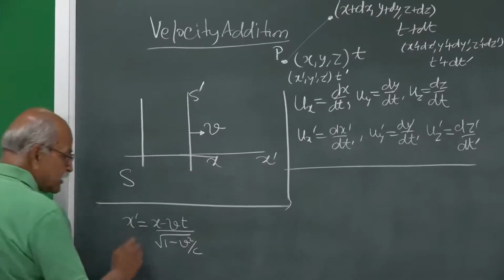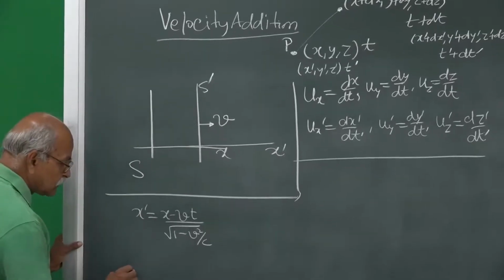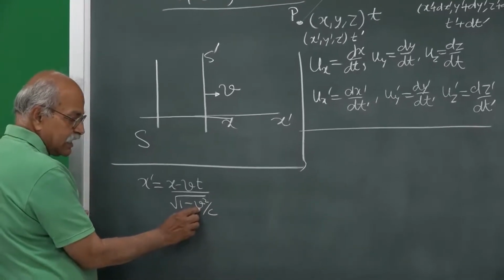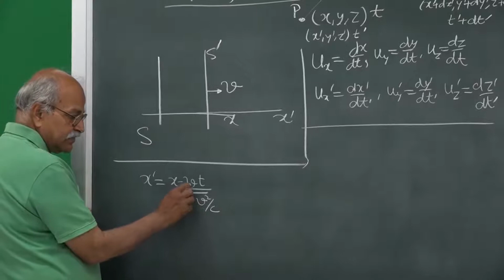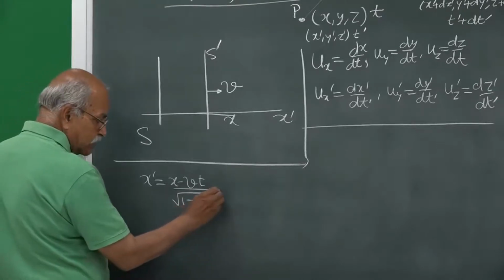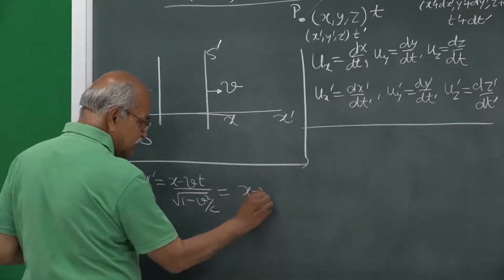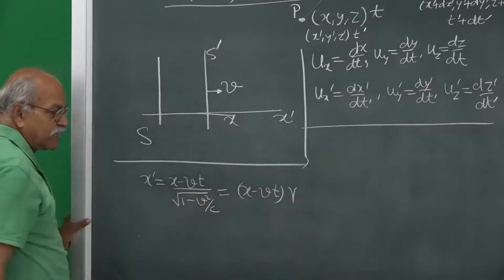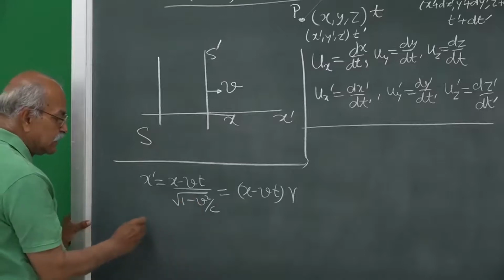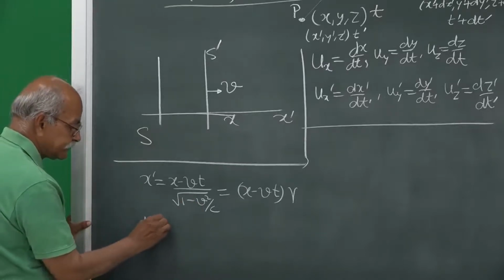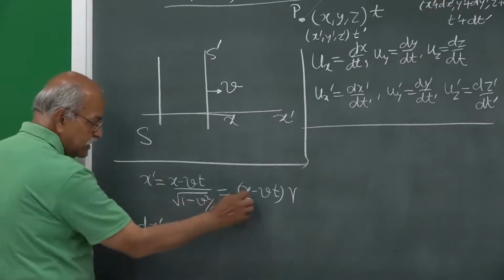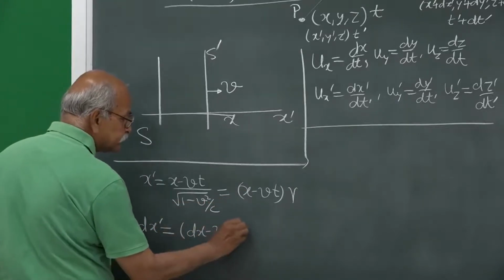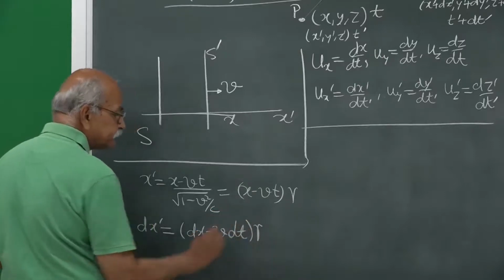And from here you can write what is dx prime. Since this v is constant, it is the frame velocity, as time passes this v does not change. So, I can write this as x minus vt times gamma. Gamma is independent of time, gamma does not change with time. So, dx prime will be dx minus v dt, times gamma.